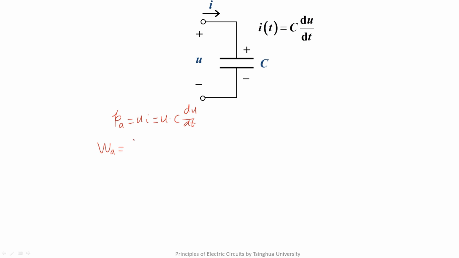From negative infinity to the present time moment t, the energy Wa equals the integration of Pa. After eliminating the variable tau, this is the integral about u, and we can write it like this.